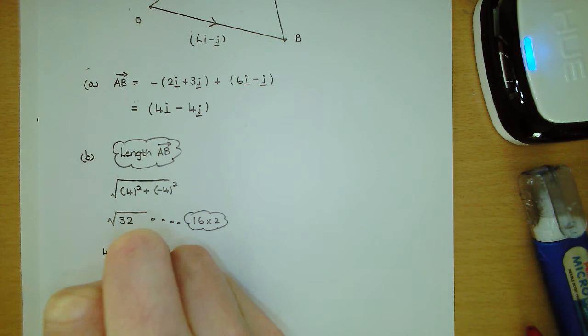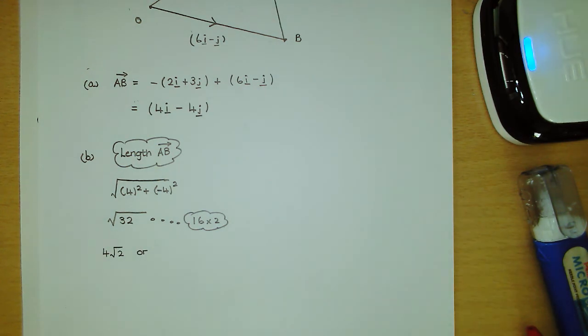Or, if we weren't giving it exactly, and we were using our calculator, we'd take the square root of 32, and that is going to give us 5.6568.